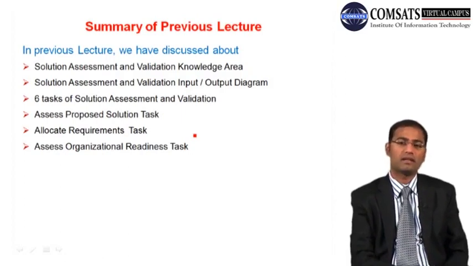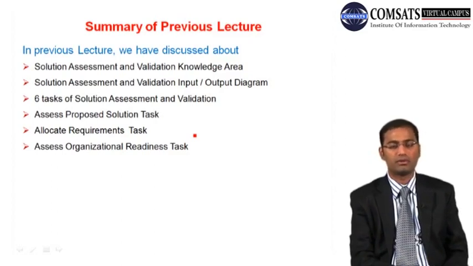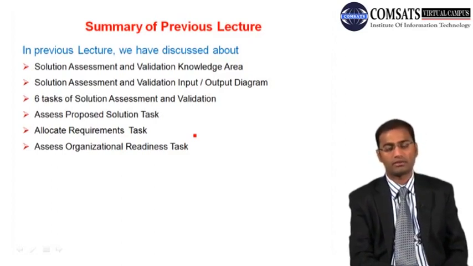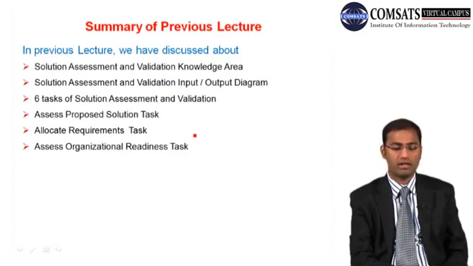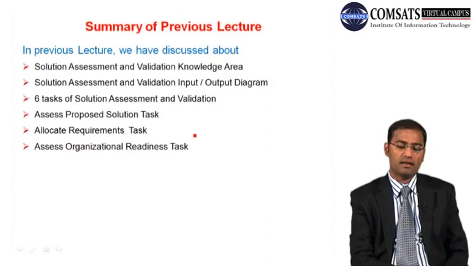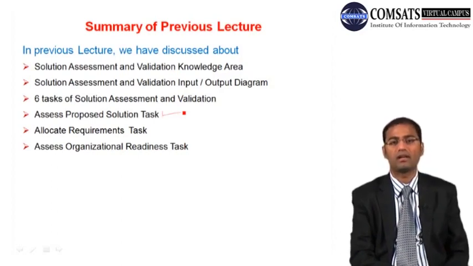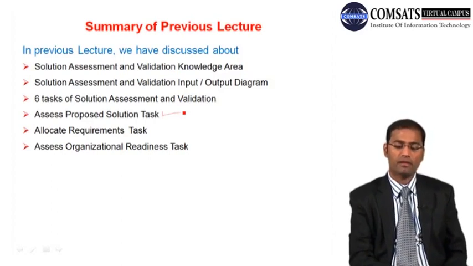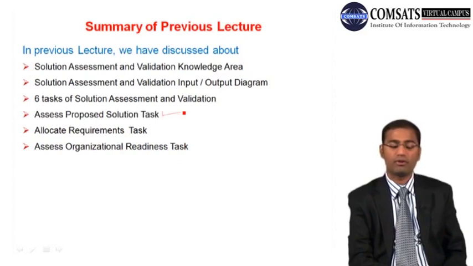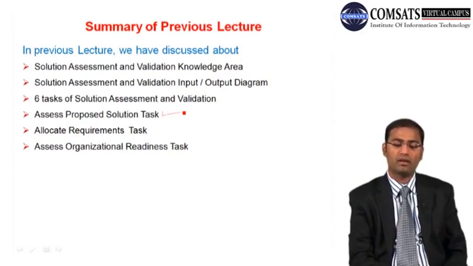There are 6 tasks, and those tasks are producing outputs by using the inputs from other tasks of different knowledge areas of business analysis. And we discussed the assess proposed solution task. We need to generate different solutions, and then we set some criteria, and we apply techniques like decision analysis, and hence we may have one solution, or we may have an alternative solution.